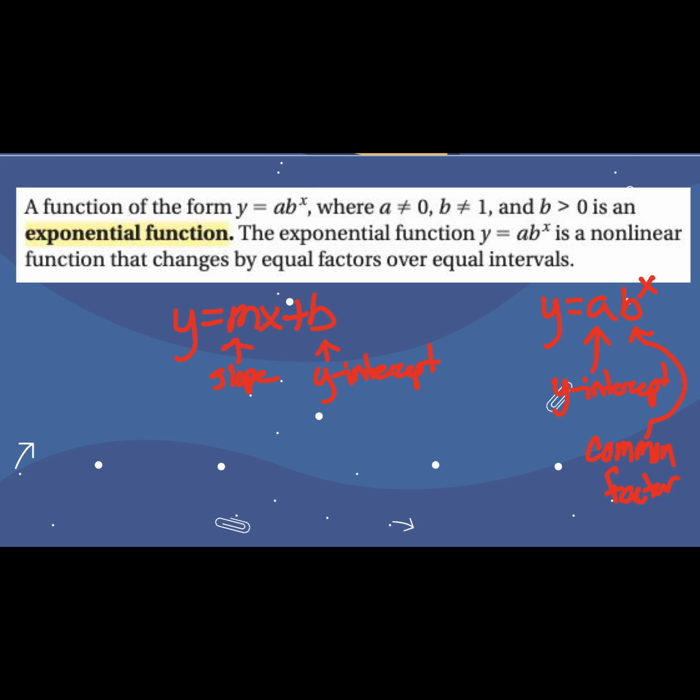So those are the key characteristics of our exponential function. The same types of ideas, just I'm not sure why they use a different letter for your y-intercept, and then they use b for what we are used to being our y-intercept, but it's our common factor. So I'm not sure why they switch things up when it comes to that exponential function, but they do, so we need to be careful there.